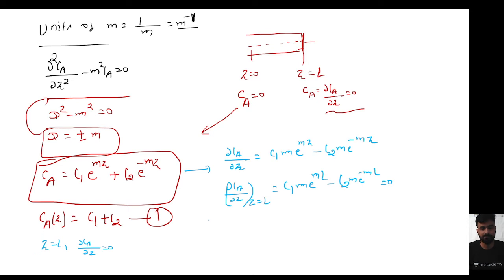It's as simple as that. So C1 e^(mL) minus C2 e^(−mL) is equal to 0.